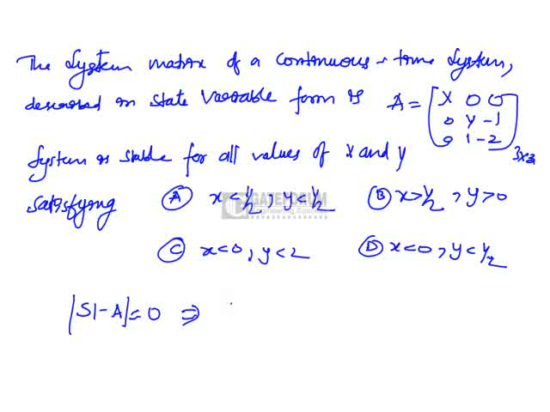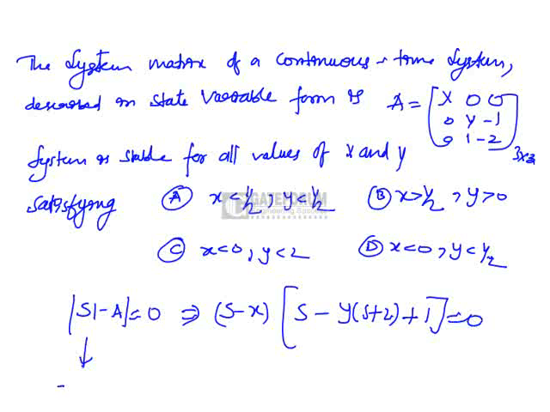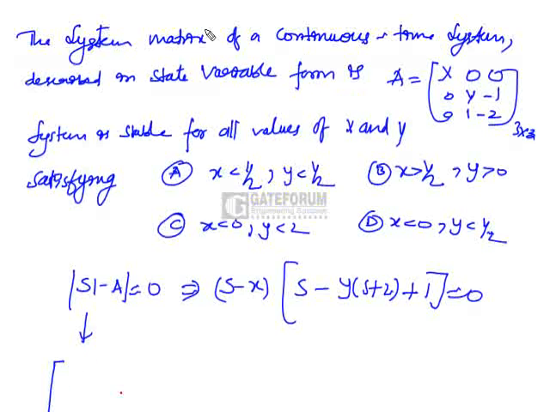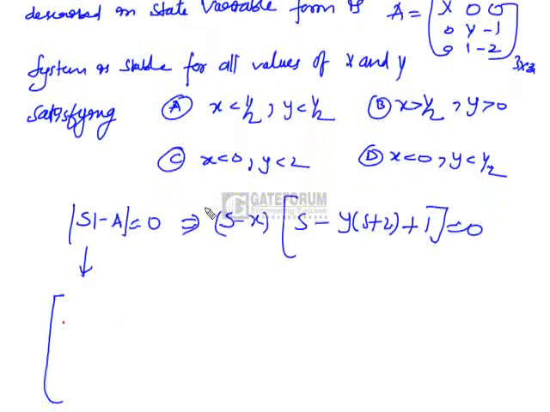So, I can write this one as (s minus x) into (s minus y) into (s plus 2) plus 1 is equal to 0. Substitute here sI minus A, I can write this one as s minus x 0 0, 0 s minus y minus 1, 0 1 s plus 2.